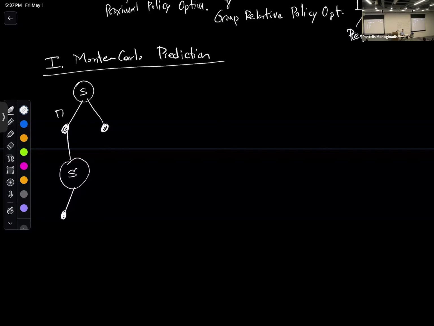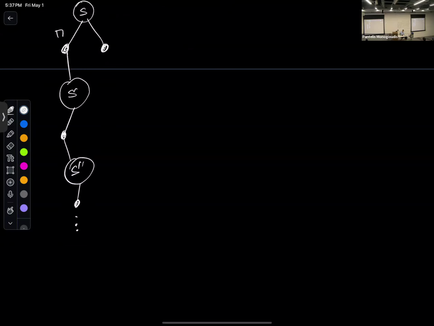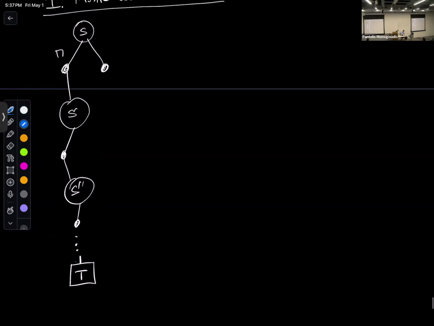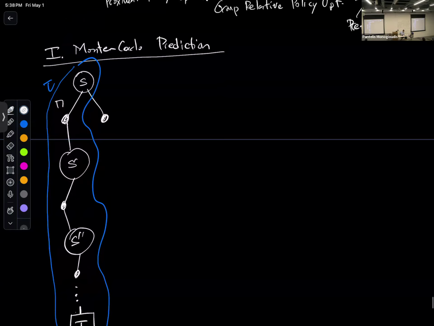Then I sample another action from my policy and go to S double prime, and sooner or later I will reach the terminating state. This is the trajectory tau. We know that ideally we want to implement this kind of expectation.